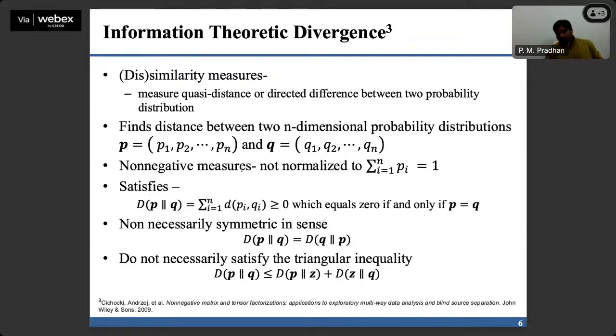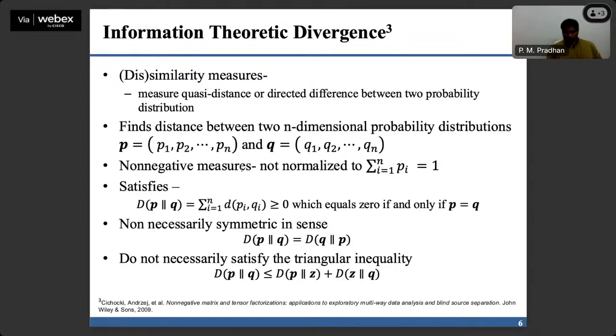Say, for example, we have another distribution which is Z. It's not necessary that the distance that we are measuring between the two distribution functions P and Q would be less than or equal to the distance that we calculate between P and Z and Q. Okay, so it's not necessary that the triangular inequality would be maintained.